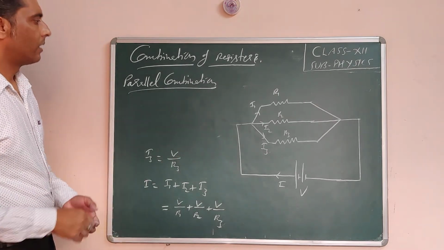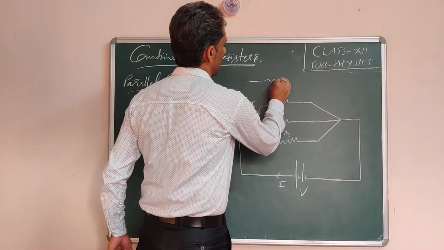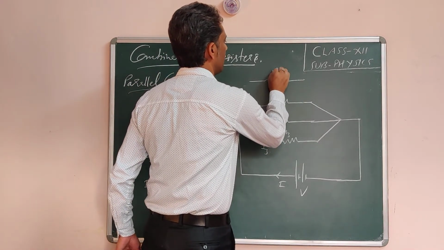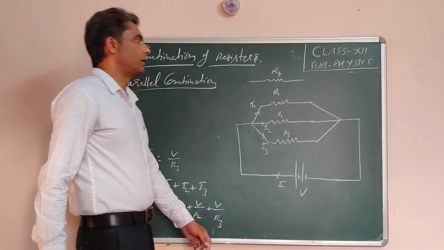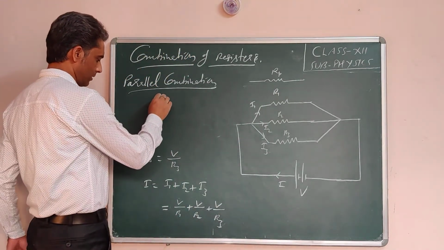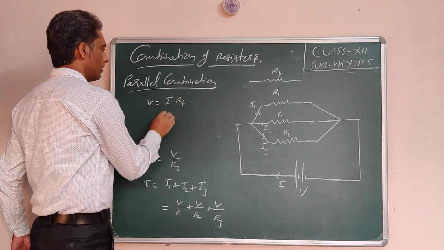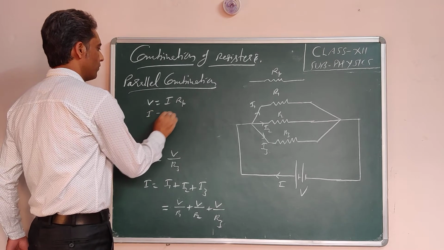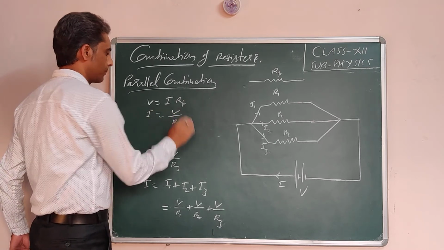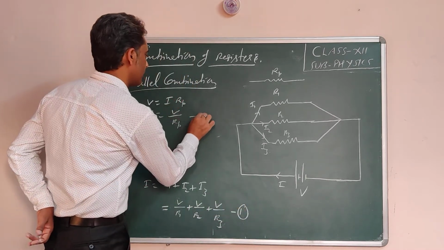Now again, if Rp be the equivalent resistance of the parallel combination, then we can write V is equal to I into Rp, or we can write I is equal to V over Rp. This is number first, this is number second.